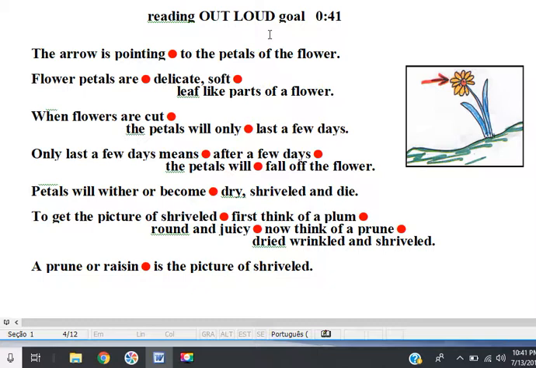Petals will wither or become dry, shriveled, and die. To get the picture of shriveled, first think of a plum, round and juicy. Now think of a prune, dried, wrinkled, and shriveled. A prune or raisin is the picture of shriveled.